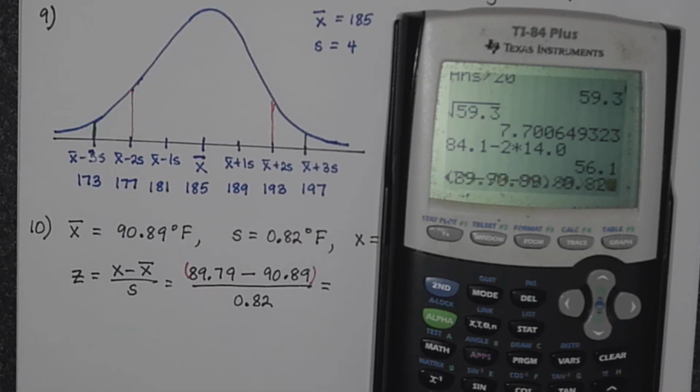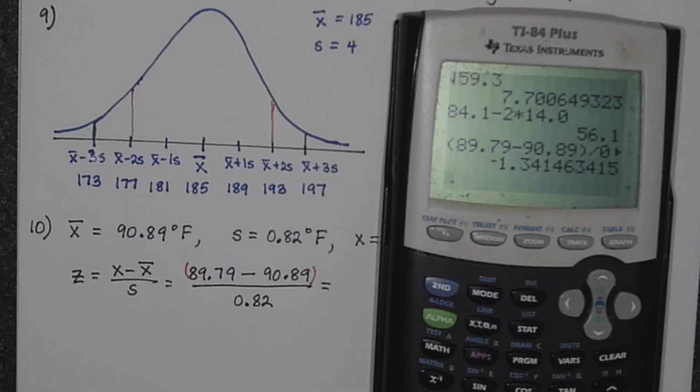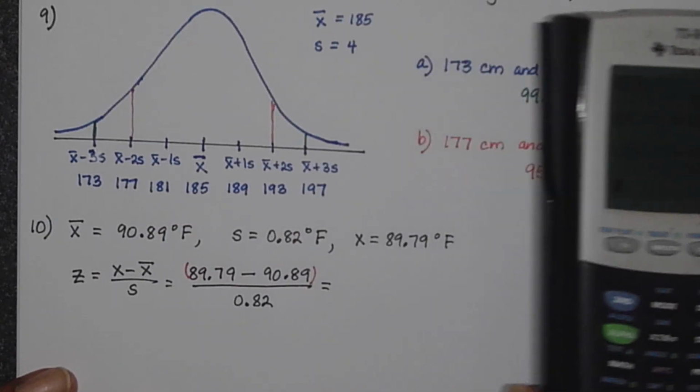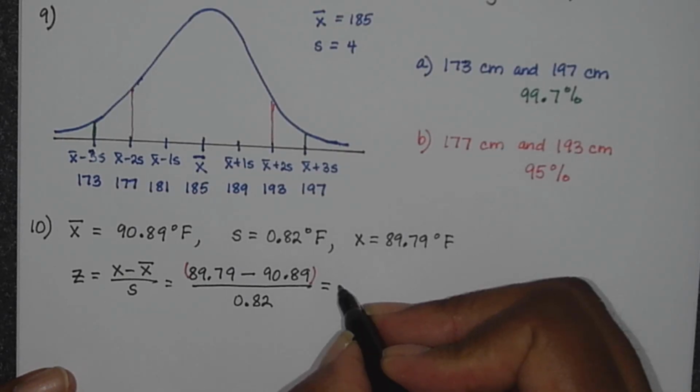You then hit enter. The z value is always to two decimal places. So what would this be to two decimal places? Negative 1.34.